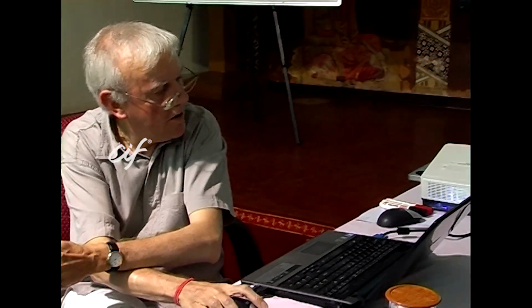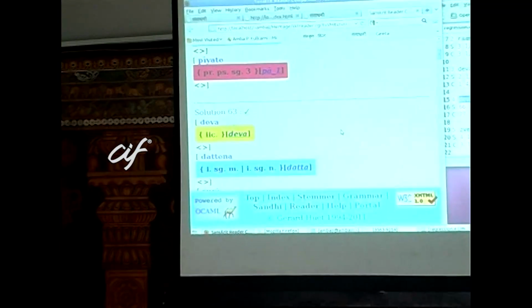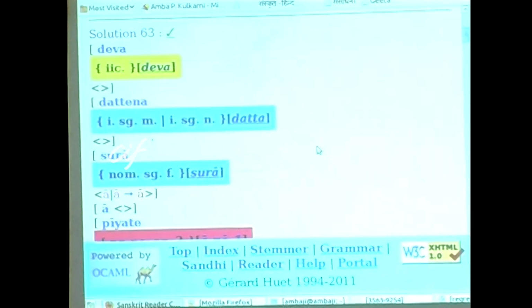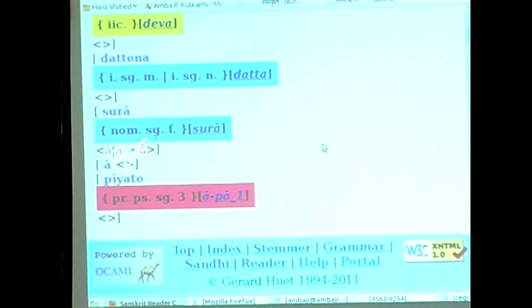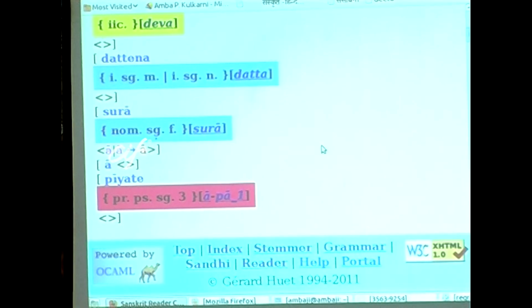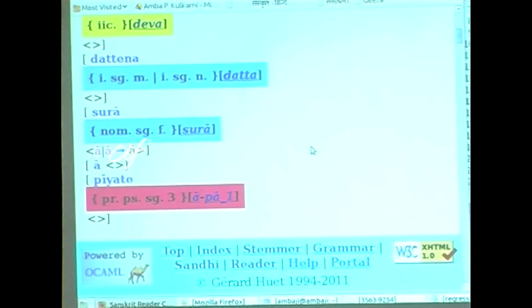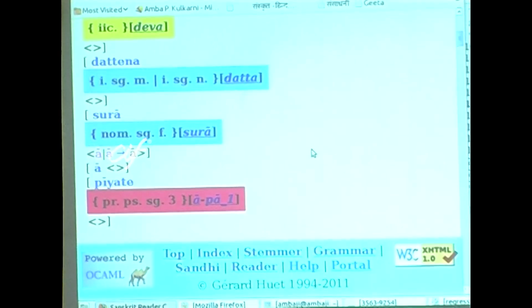Okay, so it's correct. What about this one? Can you guess which is this one? Sura. Apiyate. With preverb a. Because you get the same sandhi. So that is also possible.